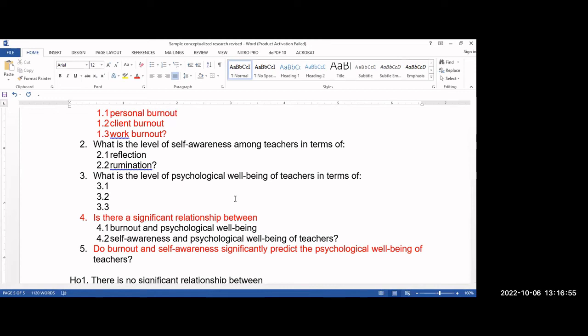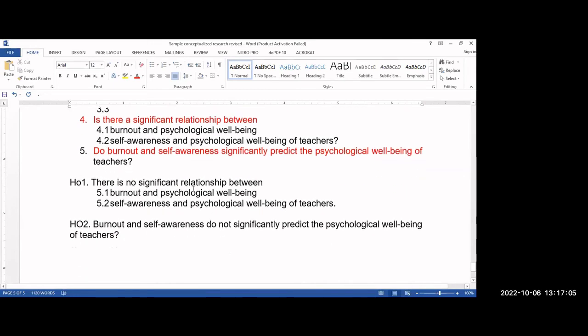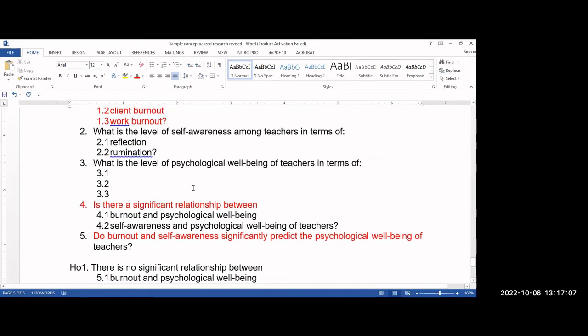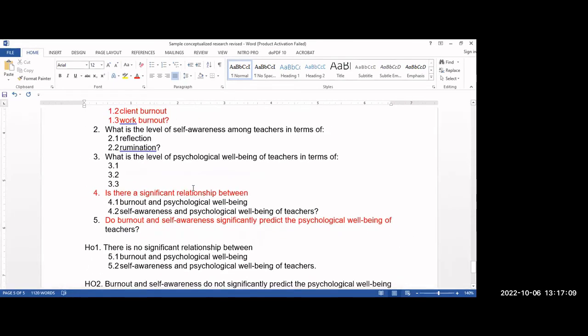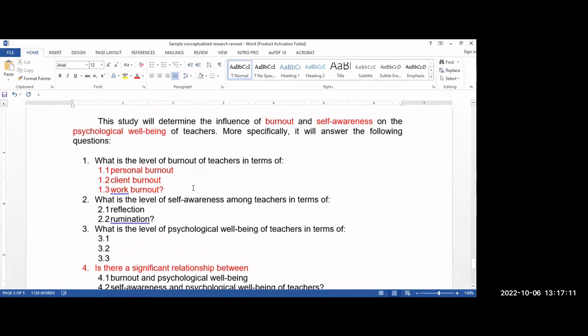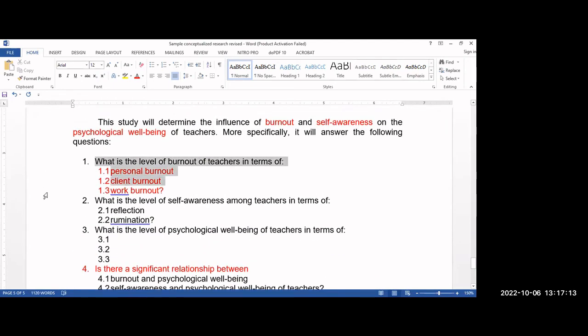If these are all Likert scale per variable, then we can utilize the Pearson R, and number 5 will be the multiple regression analysis. So meaning, as what I'm trying to emphasize, each question here should be measurable.